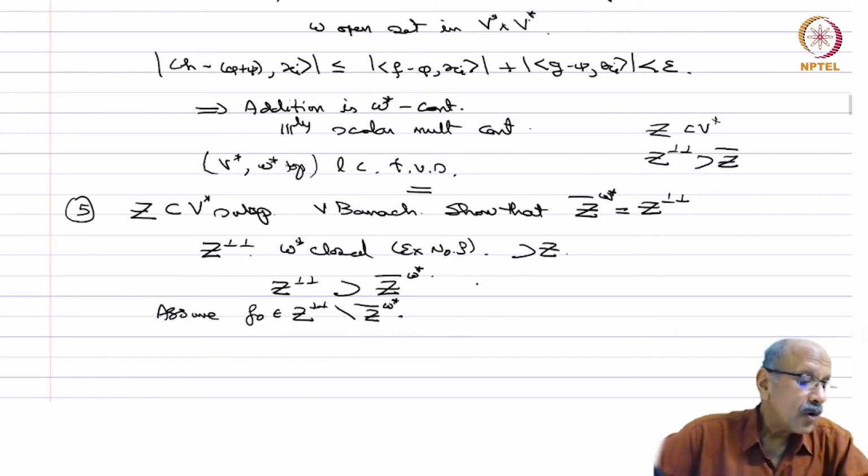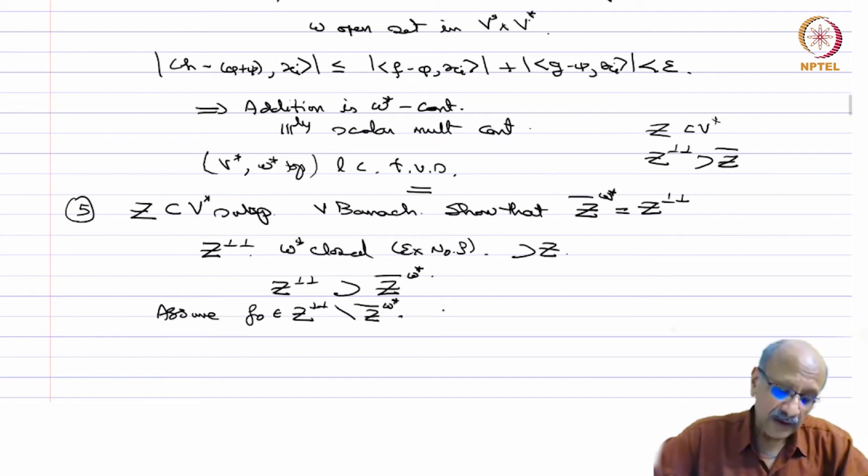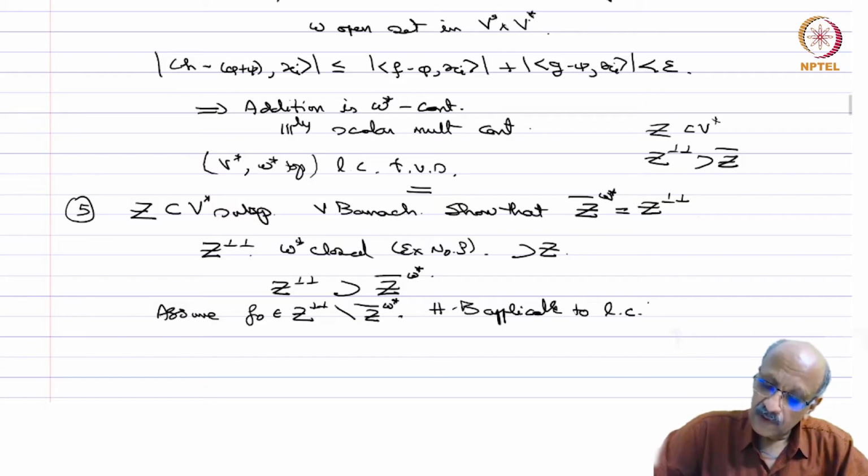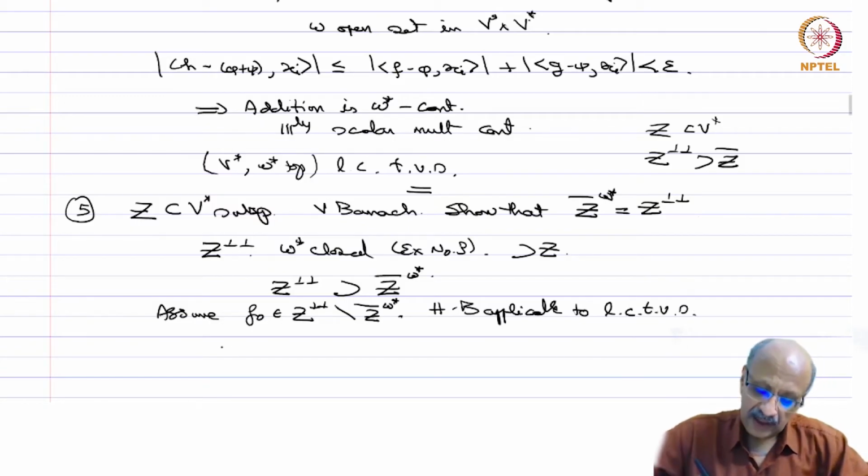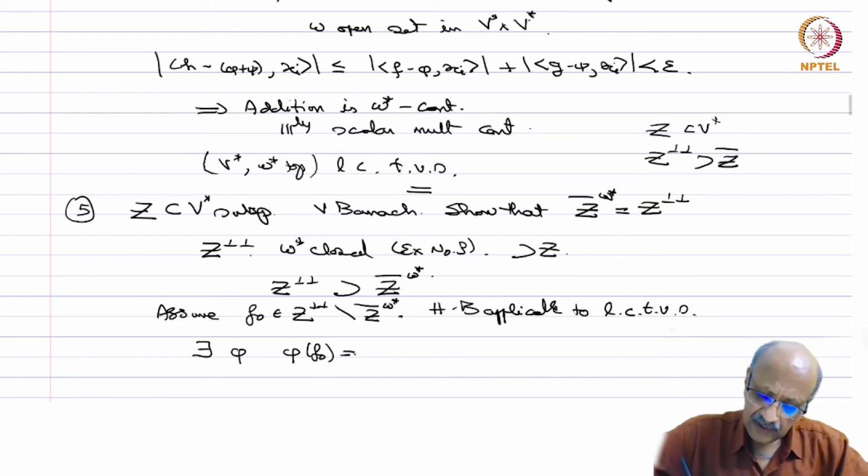So by the Hahn-Banach theorem, I told you Hahn-Banach theorem is applicable to locally convex topological vector spaces, and therefore there exists a continuous linear functional phi such that phi of f naught is not 0 and phi restricted to Z closure weak star is identically 0.